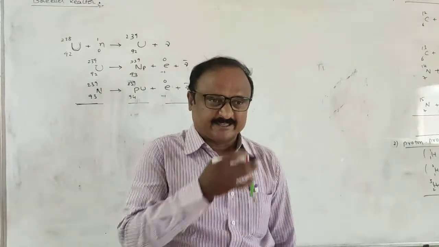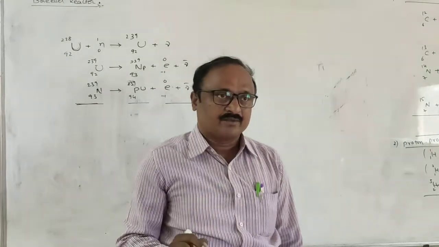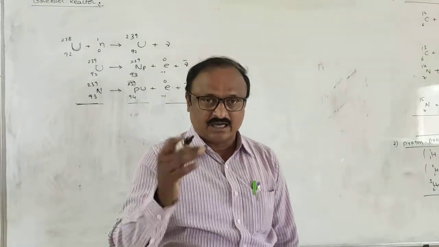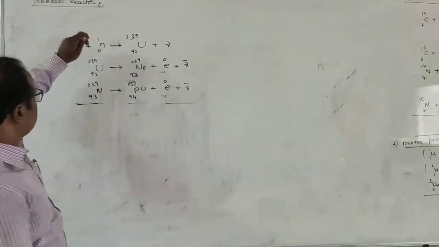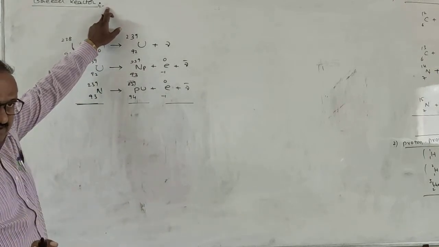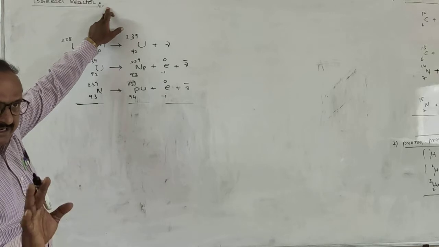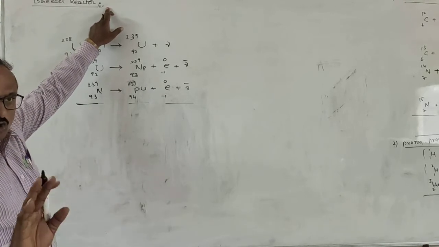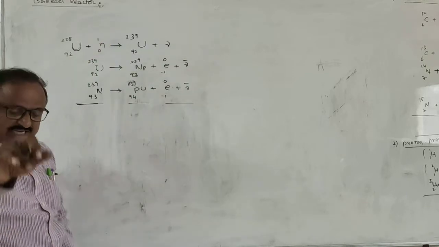It is called the breeder reactor. This is only a concept based on the subjective level, not for the objective level. So breeder reactor is a device used to convert a non-fissionable material into fissionable material and also produce more fuel than it consumes.